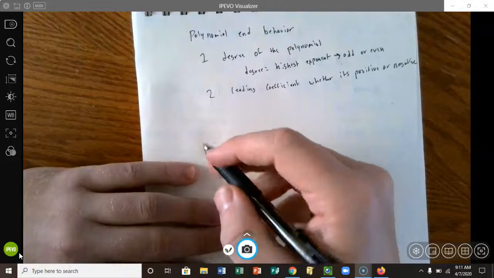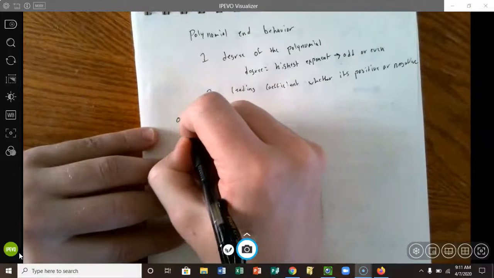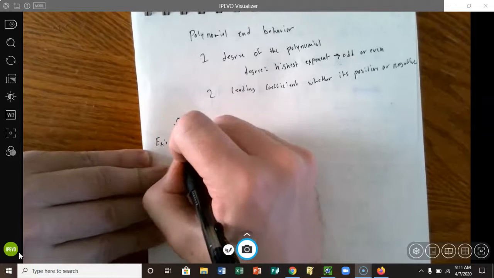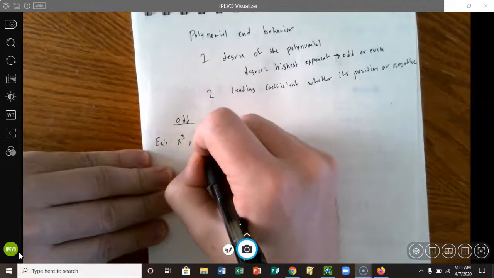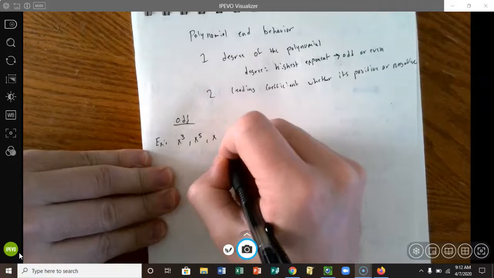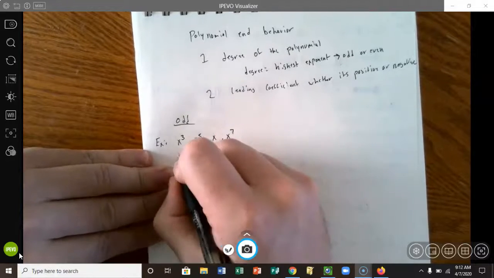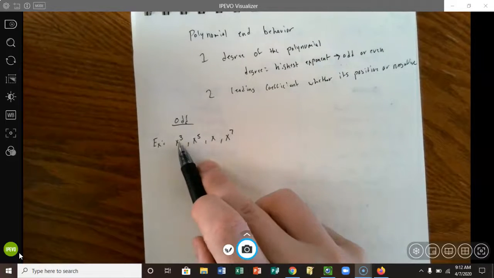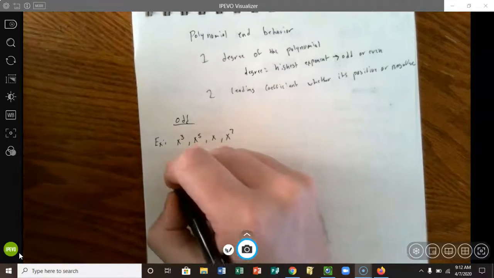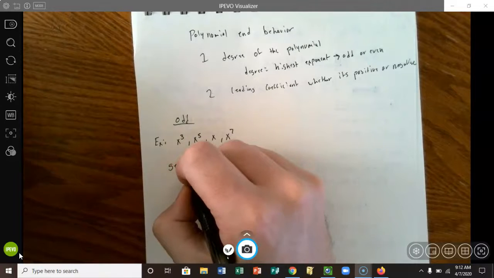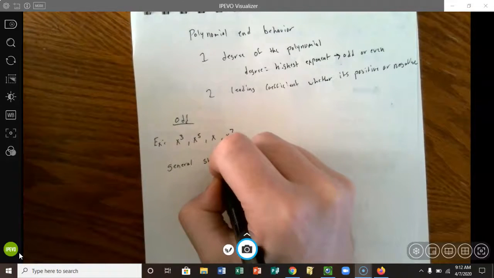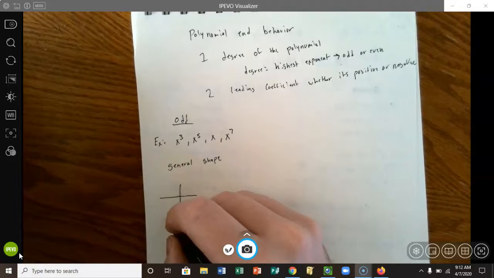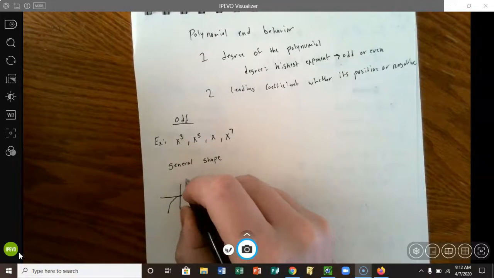Okay, so now let's look at odd degrees first. Polynomials with an odd degree, some examples are x cubed, x to the fifth, x to the seventh. These would be the degree of the polynomial. Notice how they're all odd. The general shape for an odd polynomial is they are going to start low and end high.